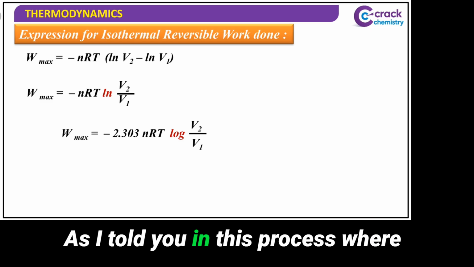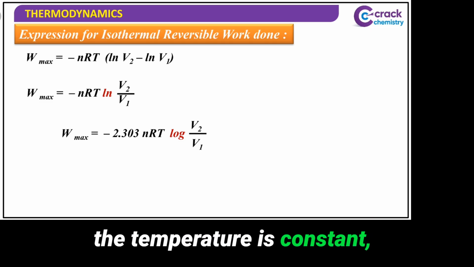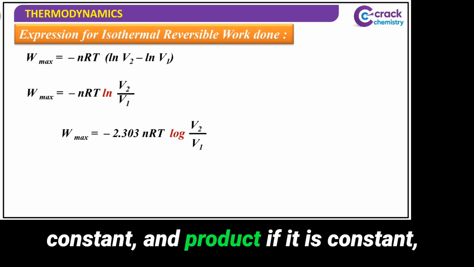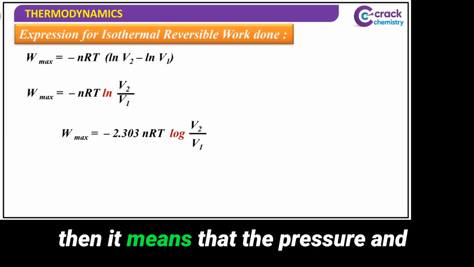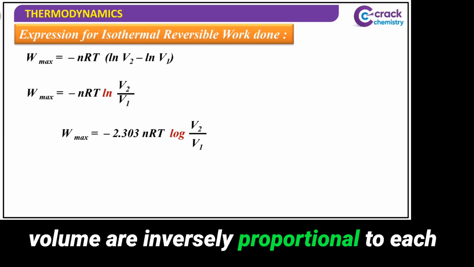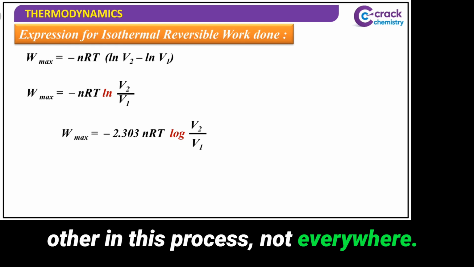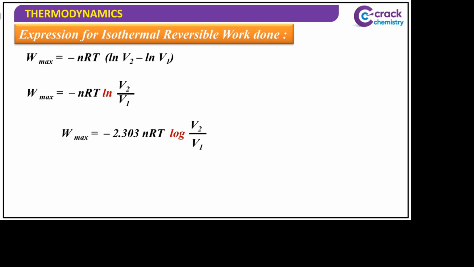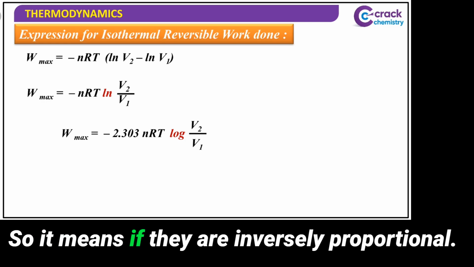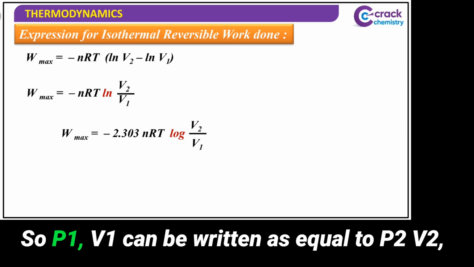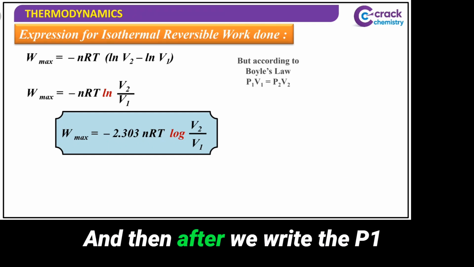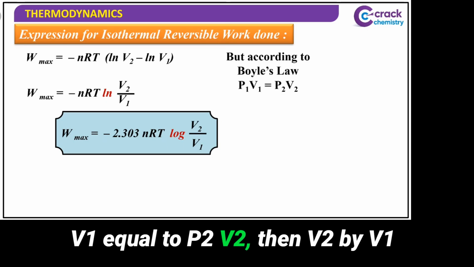And what else? As I told you, in this process where the temperature is constant, this is an isothermal process. So the pressure into volume product is constant, and if the product is constant, it means the pressure and the volume are inversely proportional to each other. Not everywhere, but in this process, pressure and volume are inversely proportional. So P1 V1 can be written as equal to P2 V2.